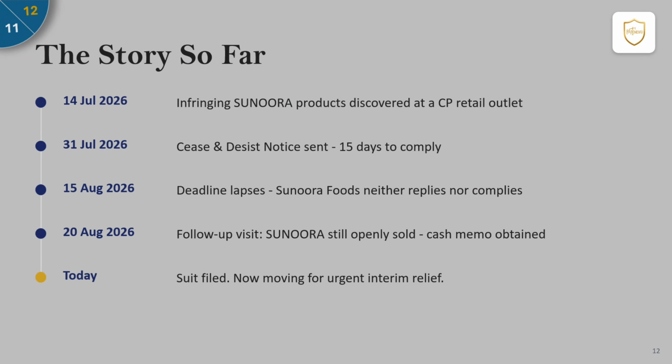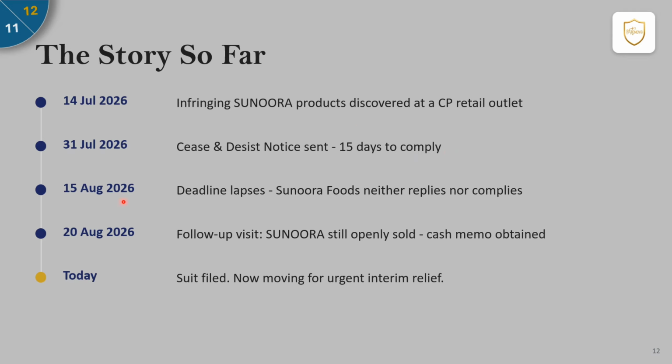So, a quick recap of the timeline because it is the single most important asset in today's drafting exercise. On 14th July, the infringing product was discovered at a CP retail outlet. On 31st July, a cease and desist notice was sent with 15 days to comply.